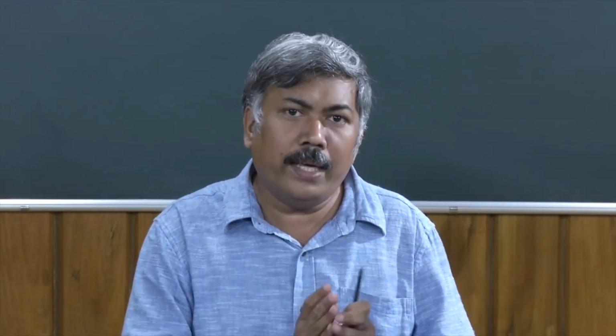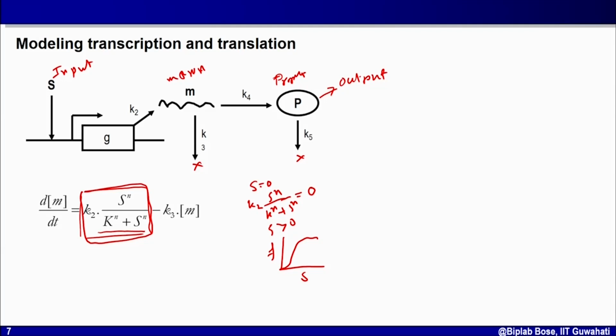So when I multiply that with K2, the overall rate of transcription also behaves sigmoidally and reaches the maximum value K2 at the maximum value of the hill function. So this rate of transcription has a sigmoidal behavior with respect to S, and K3 into M is nothing but first order degradation of the mRNA.